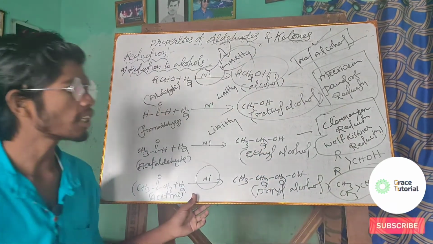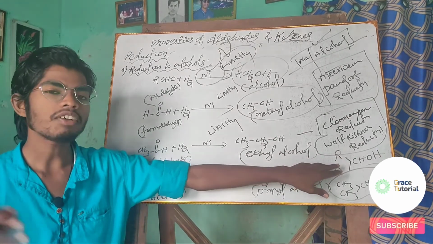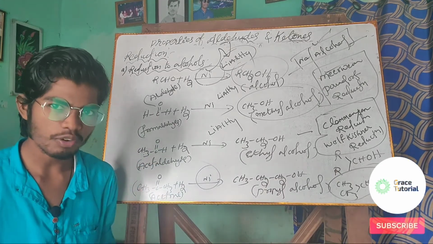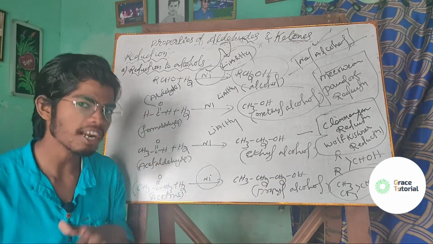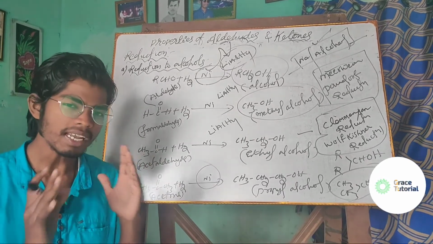So we must know the Clemmensen reduction as well as the Wolff-Kishner reduction. Then after that we will discuss the aldol condensation. Then we will discuss the Cannizzaro reaction and the difference between aldol condensation and the Cannizzaro reaction, so that the chemical properties of aldehydes and ketones will be closed.